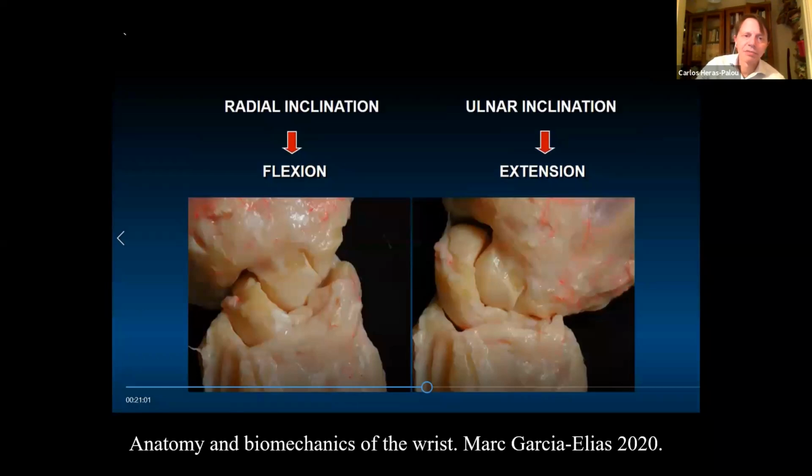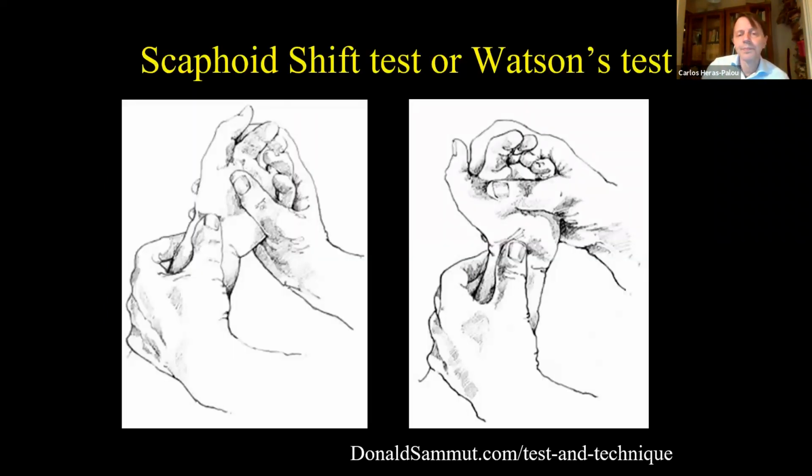So just remember, the scaphoid flexes in radial deviation, in extension, and in ulnar inclination, and it does that passively because it has no tendons attached to it. So if you bring the wrist from radial to ulnar, the scaphoid will flex.